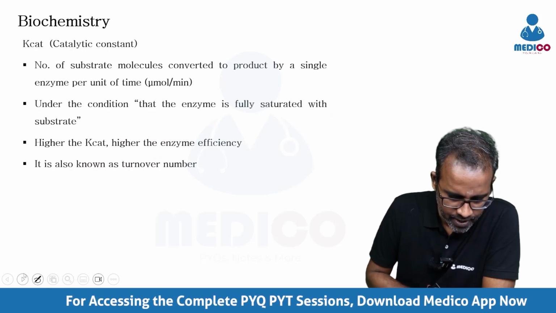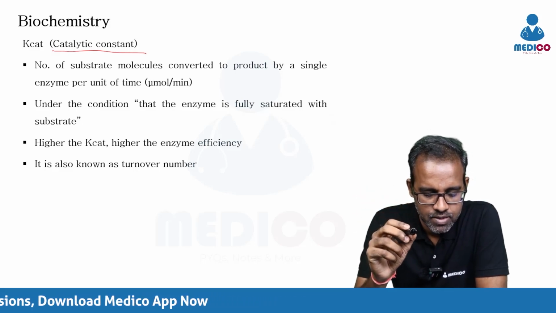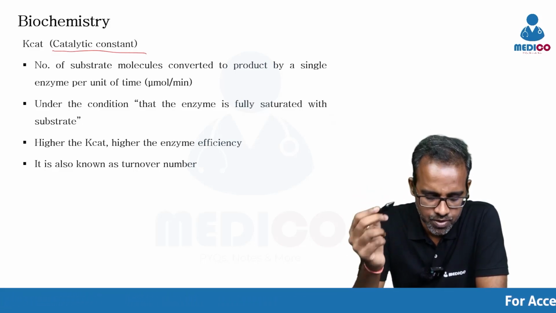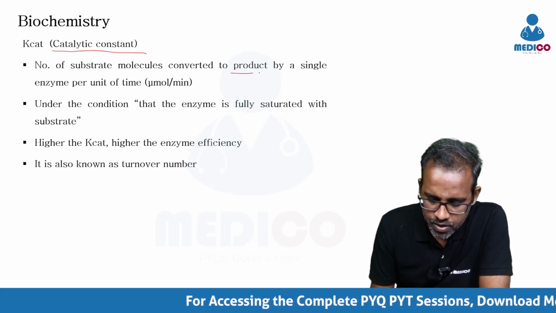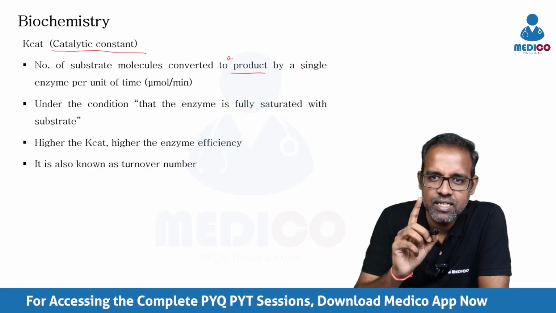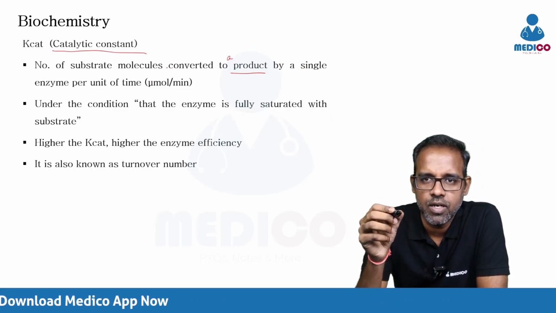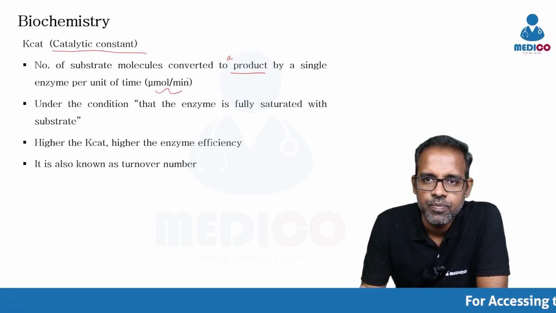What is Kcat? Kcat is nothing but the catalytic constant. It is an index of product formation from the substrate. That is, the number of substrate molecules converted to product by a single enzyme per unit of time, in micromoles per minute.